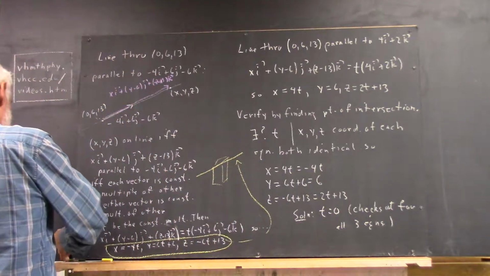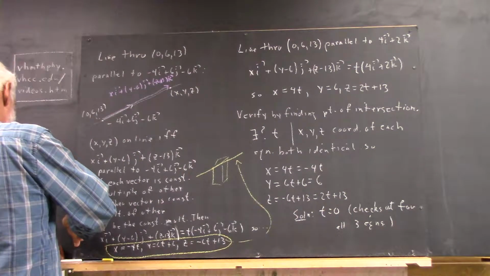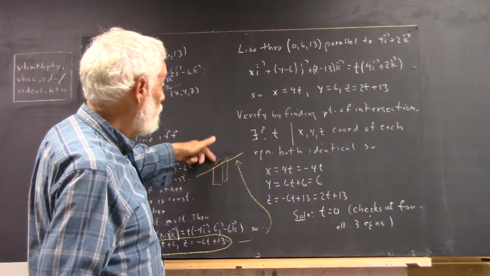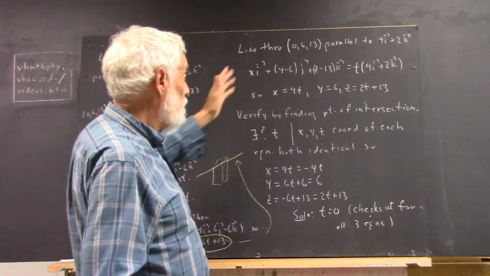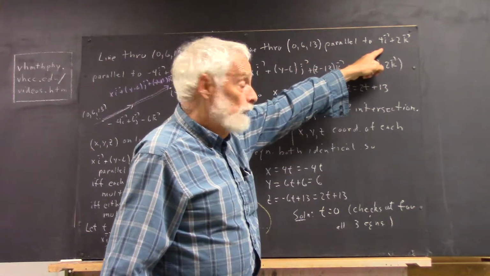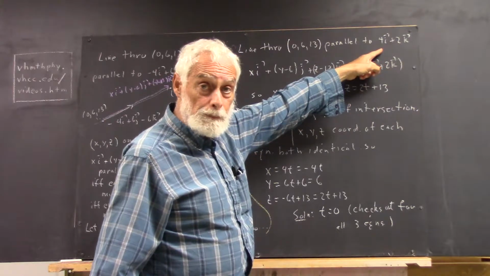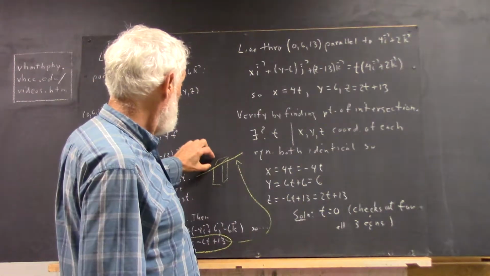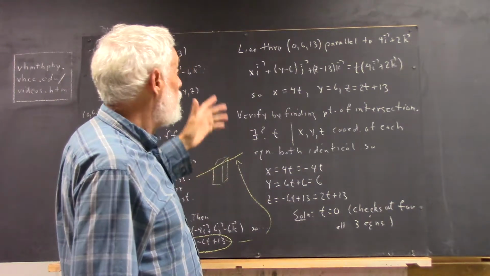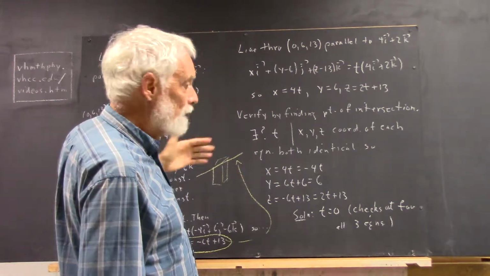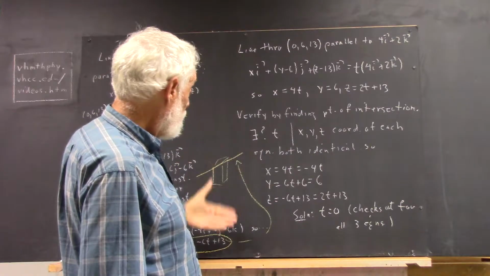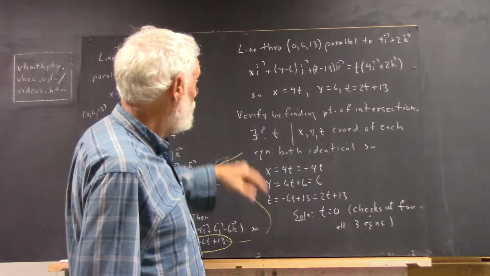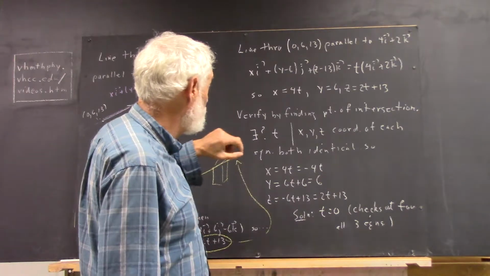Then we get the equation for the line parallel to one of our other sides, parallel to this vector, which is a vector along one of these edges. I'm saying side instead of edge. I should be saying edge. Sides are flat surfaces; edges are just line segments, essentially.